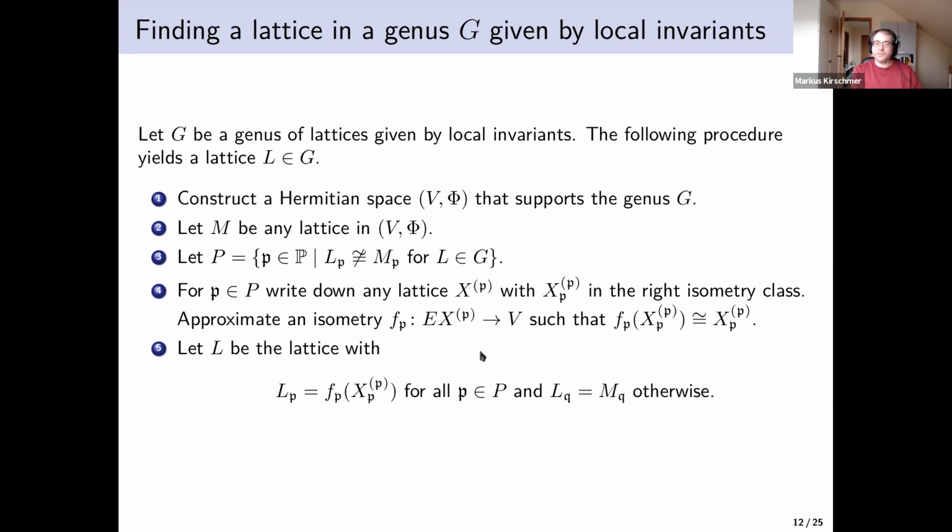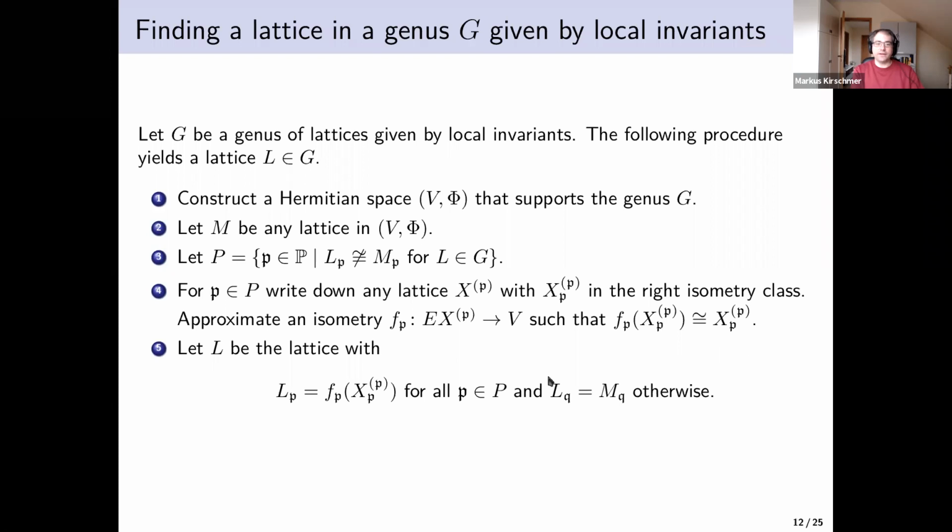And if you lift far enough, the image of XP locally at P will have the correct invariants. If not, then you just lift a little bit higher, yeah? Make the approximation better. And then eventually the image of this lattice under that map will live inside V, of course, and it will have the correct invariants.